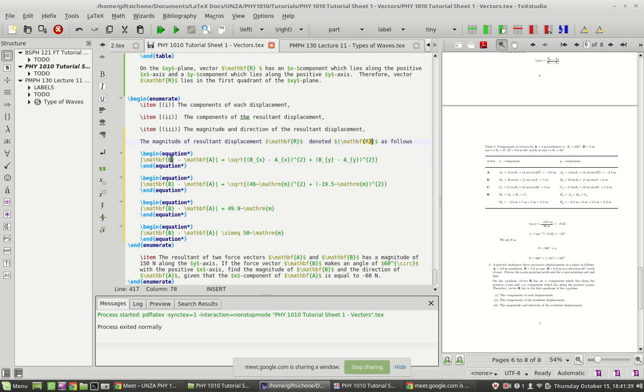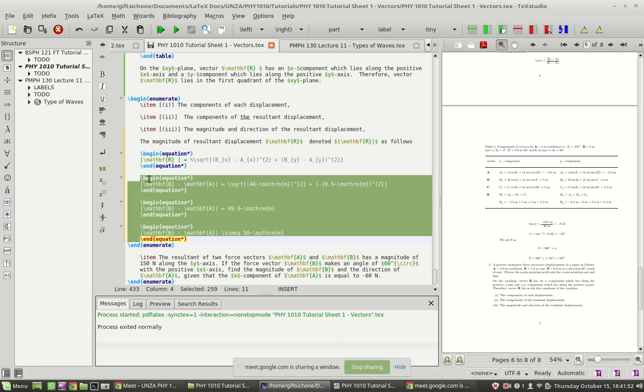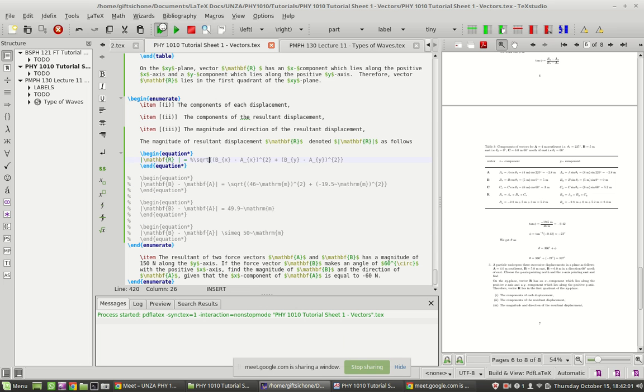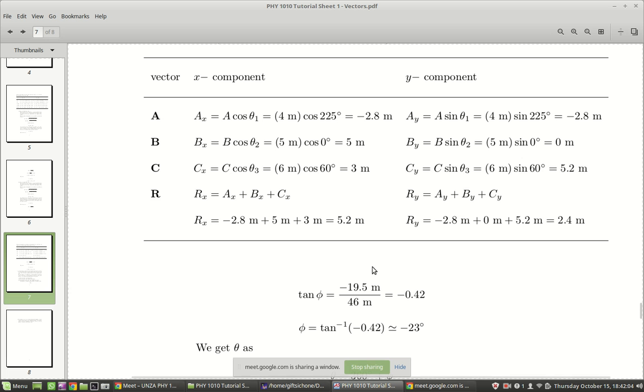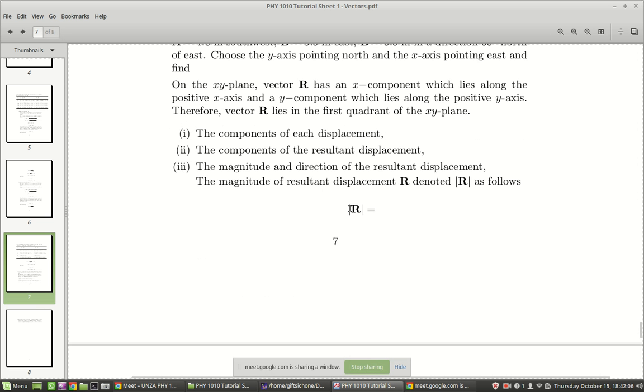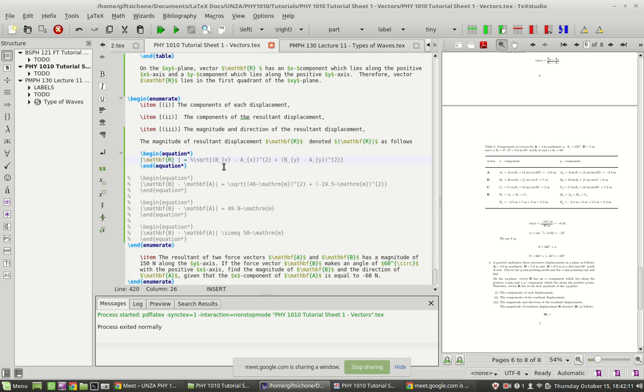Okay, so we get the magnitude. Where are we? Here. So we're looking for the magnitude R. How do you get the magnitude R? How do you find the magnitude of R?